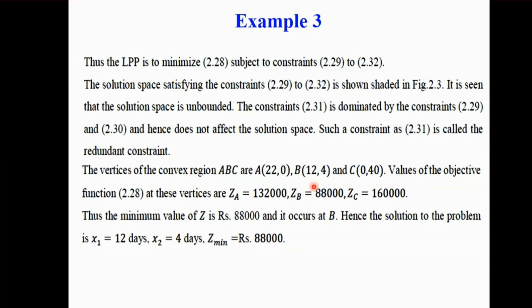So when we have the decision variable x1 as 12 and x2 as 4, then we will get the minimum value. The minimum value of Z is 88,000 and it occurs at B. That means x1 we are taking 12 days and x2 you are taking 4 days. Then only the cost will be minimum. I think it is clear.